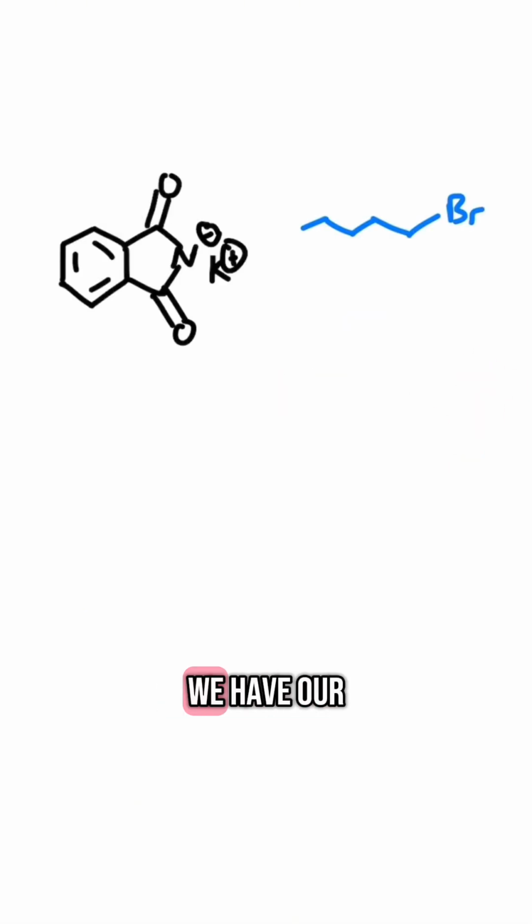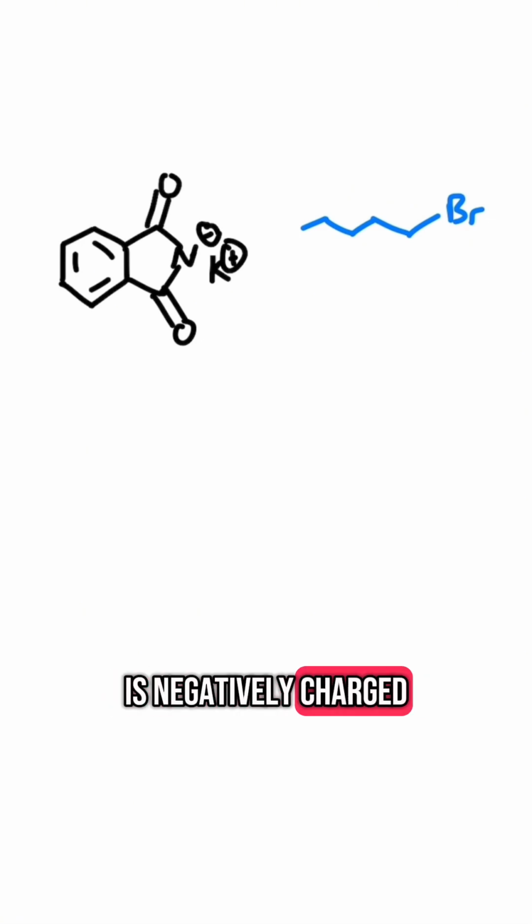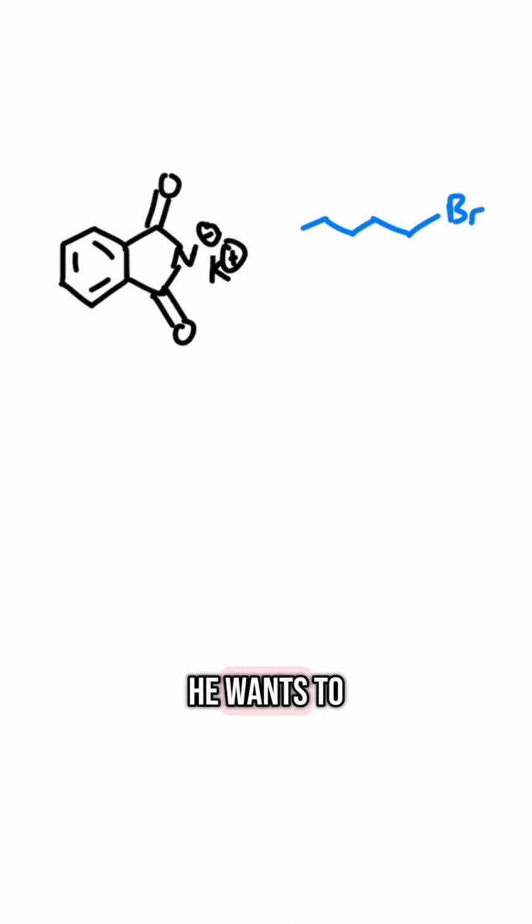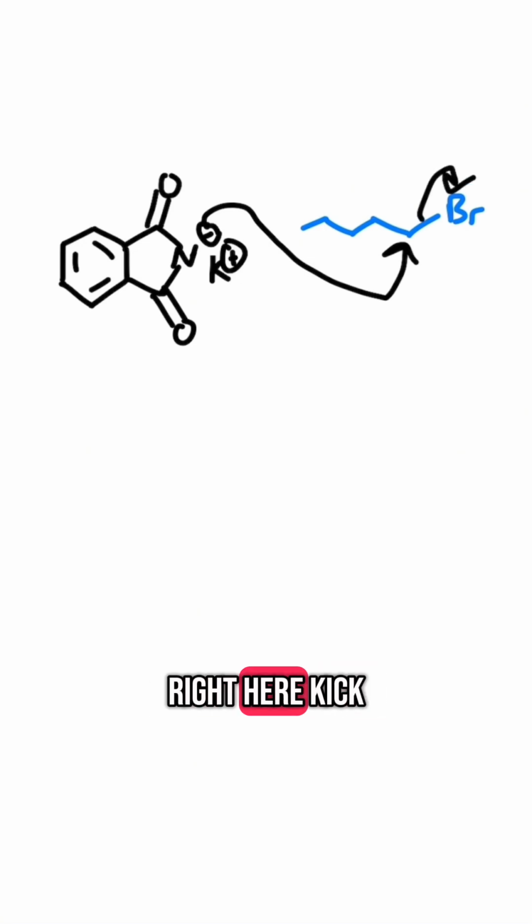In our first step, we have our potassium phthalimide and our bromopentane, and that's a really simple reaction. Remember, this nitrogen is negatively charged, so it's pretty nucleophilic. It wants to offload that, and so it's going to SN2 attack this position right here.